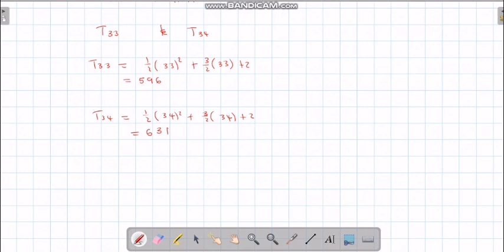The difference will be equal to 631 minus 596. So it's term 34 minus term 33. So 631 minus 596, which is 35. So our answer is 35. Then finish. Okay.